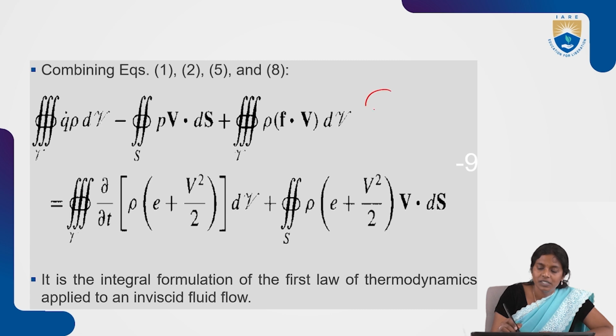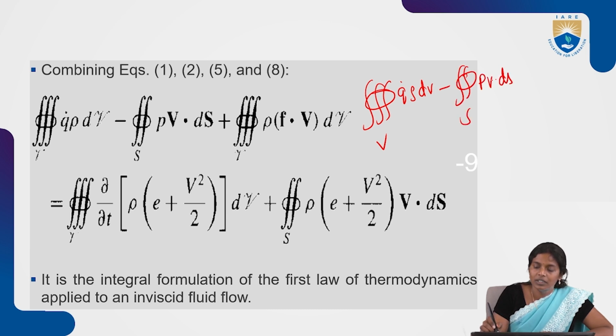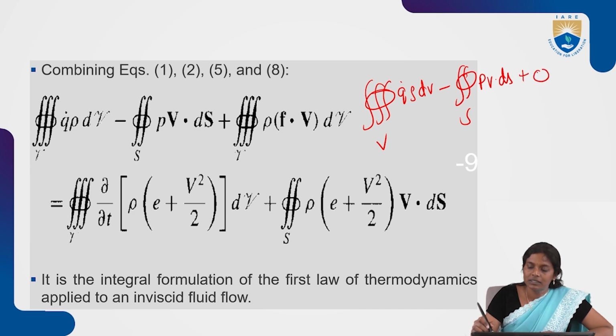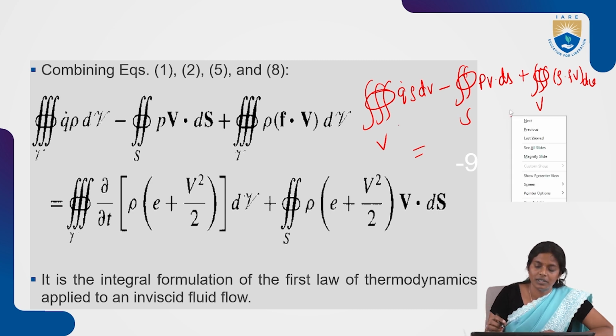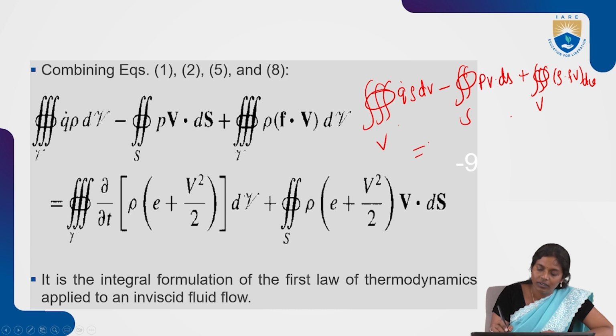Now if we see the overall combination of all the equations, the volume integral of q dot rho dV, then the surface integral of p V dS, plus the volume integral of rho f dot V dV, equal to the heat added and rate of work done, is equal to the following.